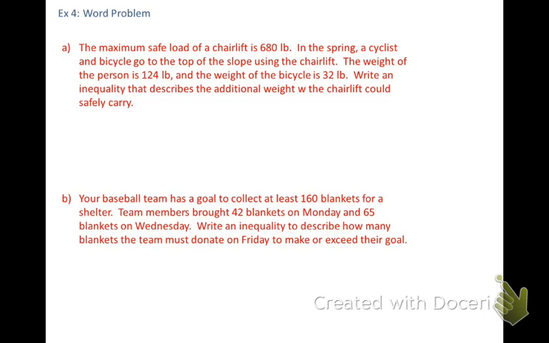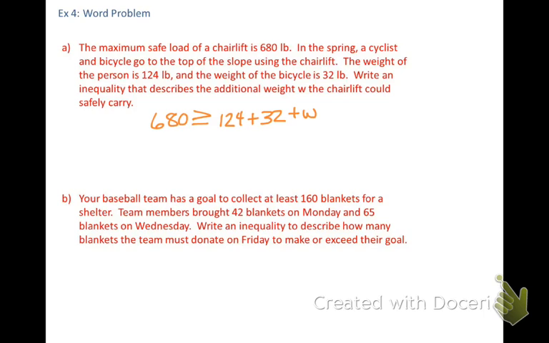Word problems. The maximum safe load of a chairlift is 680 pounds. That's your maximum, the most you can have. Cyclists go to the top of the slope; the person weighs 124 pounds, and the bicycle weighs 32 pounds. How much weight do we have left over?